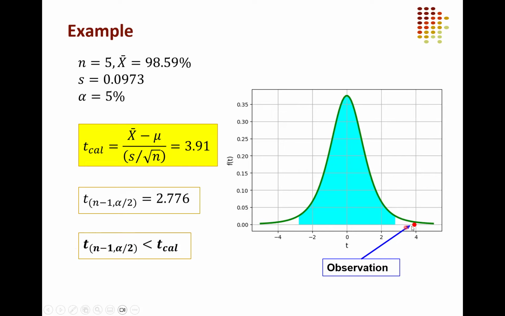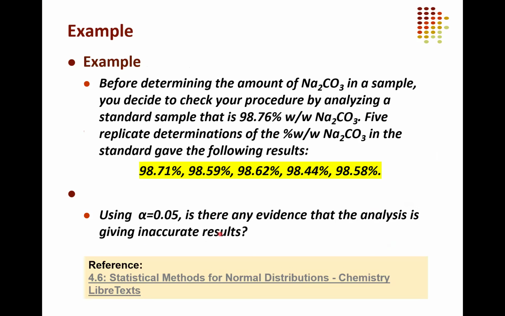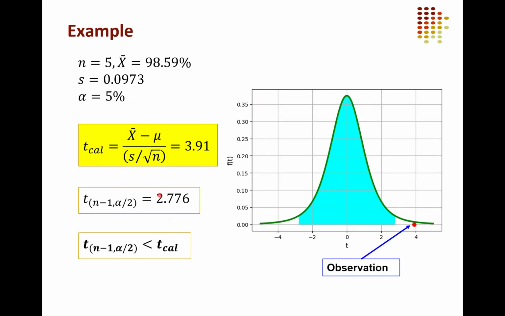So the calculated or observed value falls outside. Therefore, there is some determinate source of error. So the concentrations are not consistent with the standard sample. So there is a need to check the procedure.